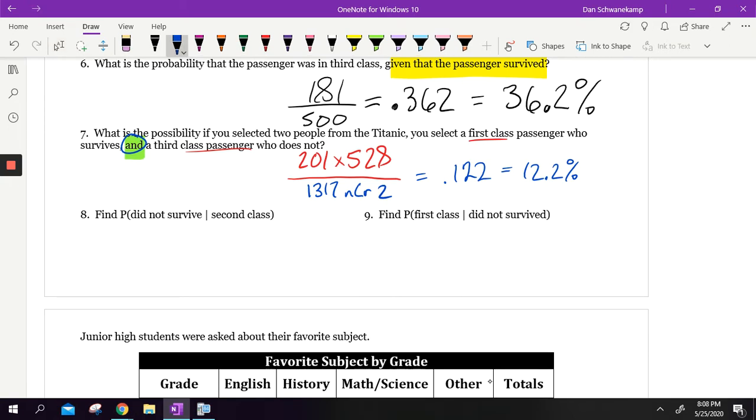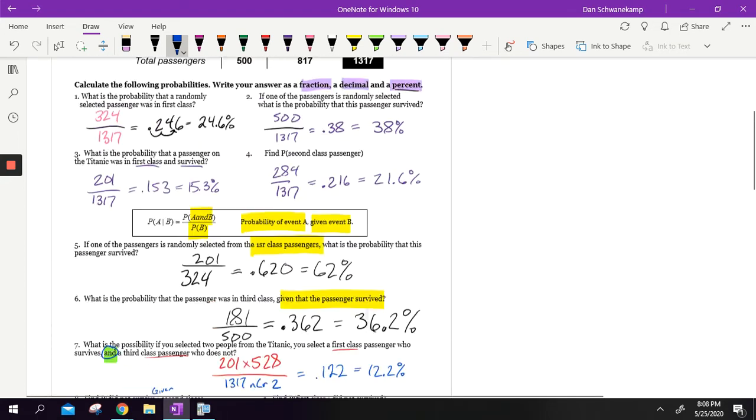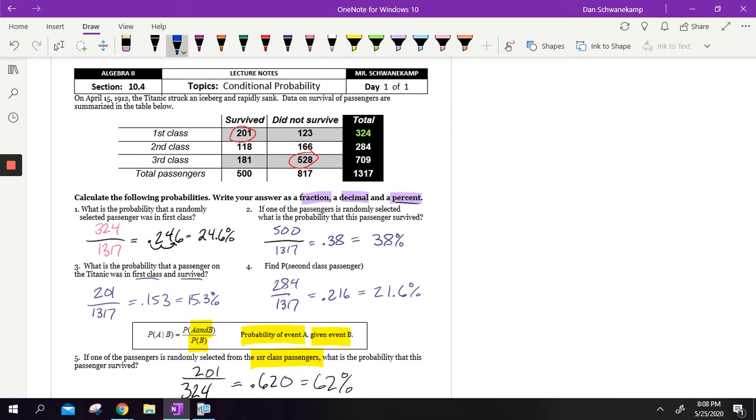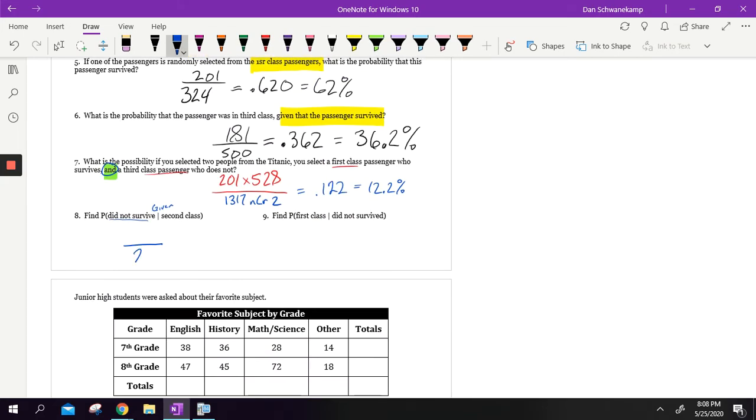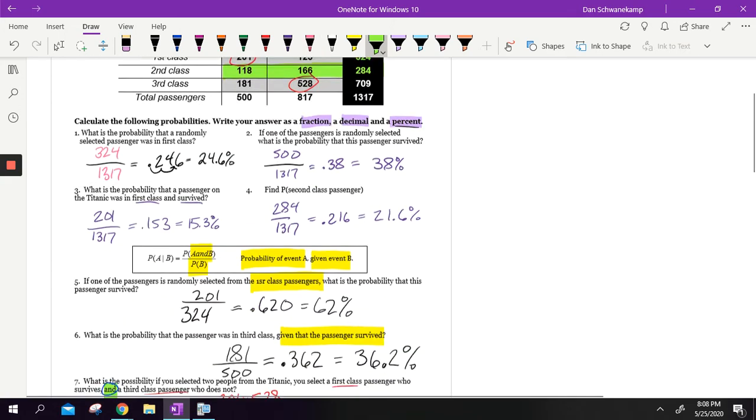Find the probability they did not survive. Remember, this little line right here means given they were in second class. So second class is our total. There are 284 total people. Given they're in second class, so I'm only looking in this row, the number who did not survive was 166.